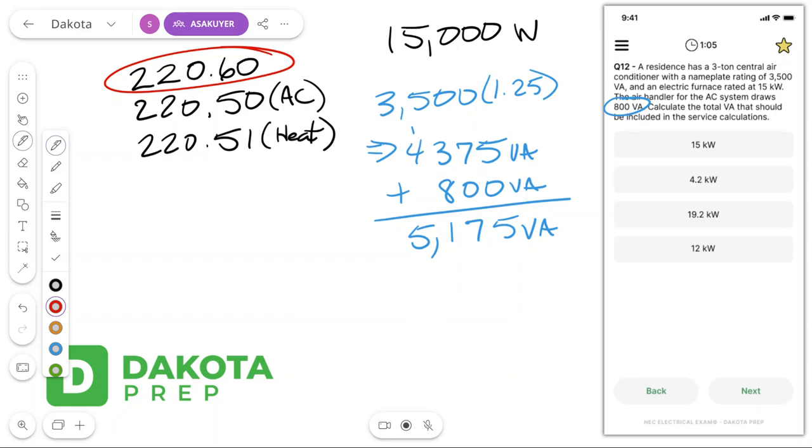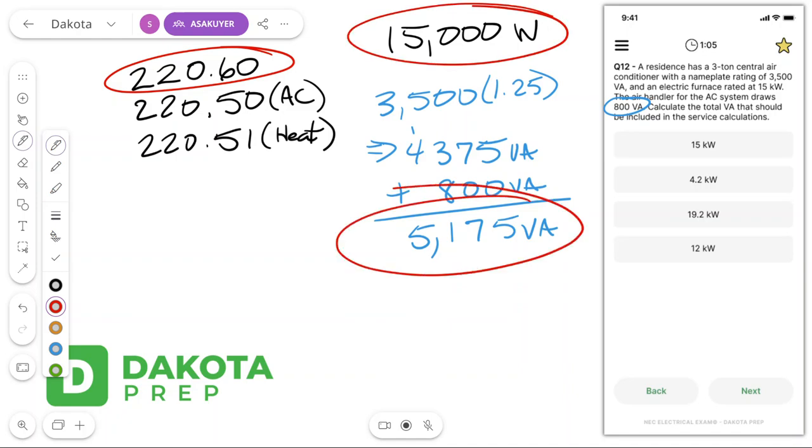So you only have to account for the larger of the two because they're non-coincident. Well, obviously 15,000 is much higher than 5,175 even after applying that 125% demand to our largest load, right? So our green light correct answer is, well, the larger of the two, 15 kW.